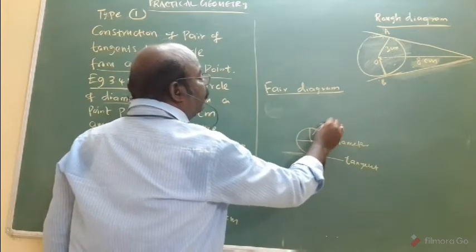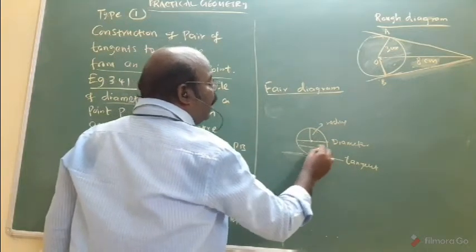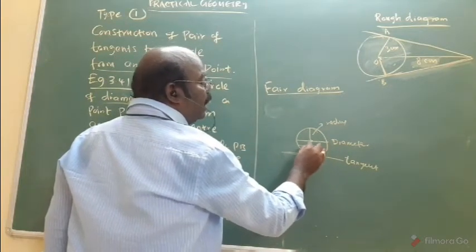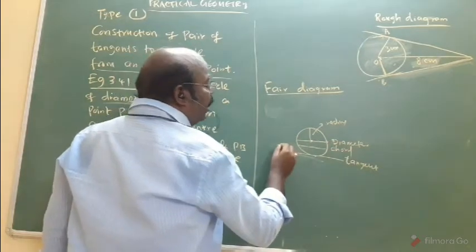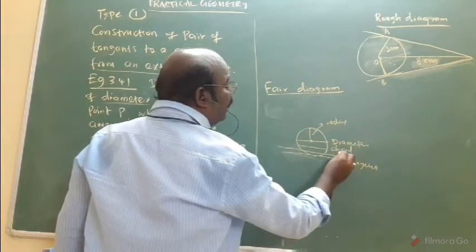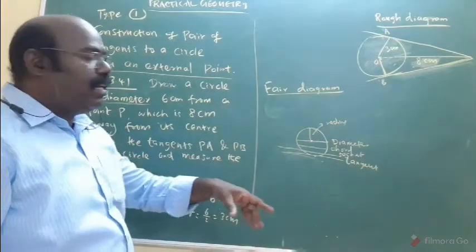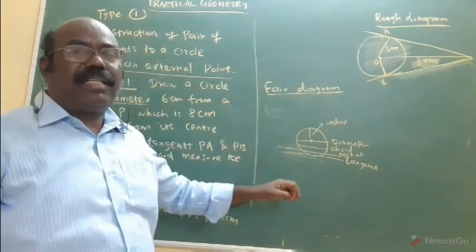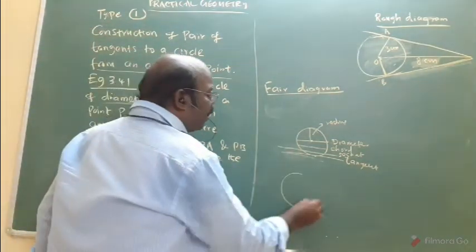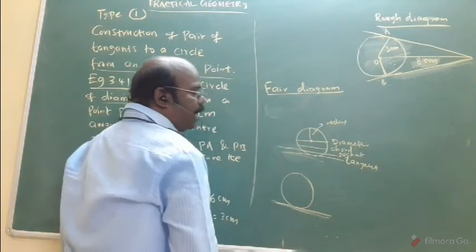A line that does not pass through the center is called a chord. A line that intersects the circle is called a secant. In a circle, a line touching the circle at only one point is called a tangent.